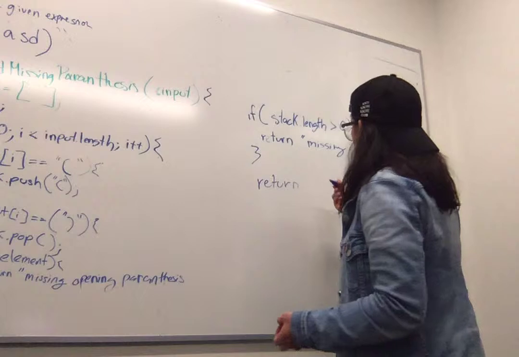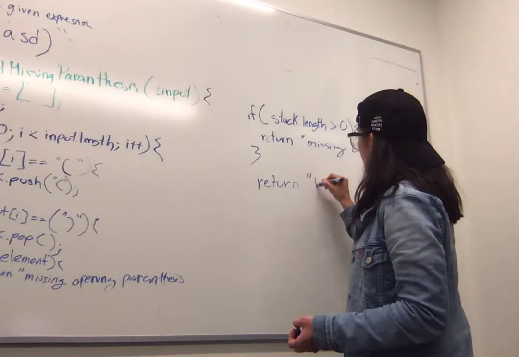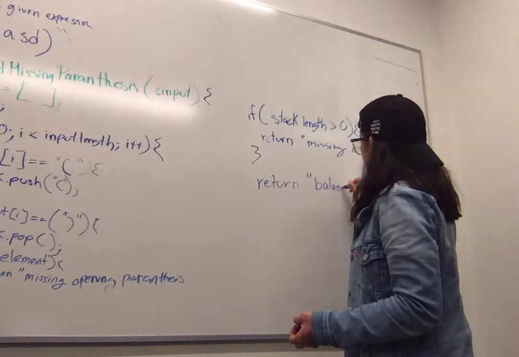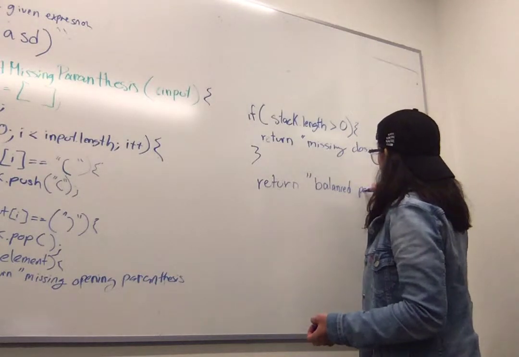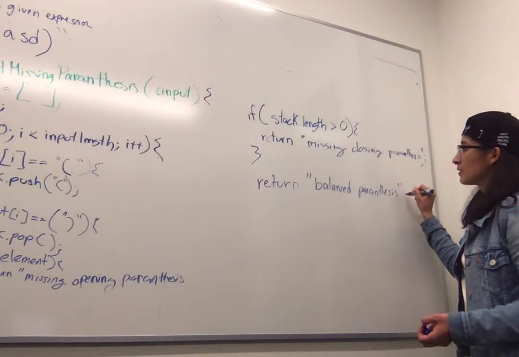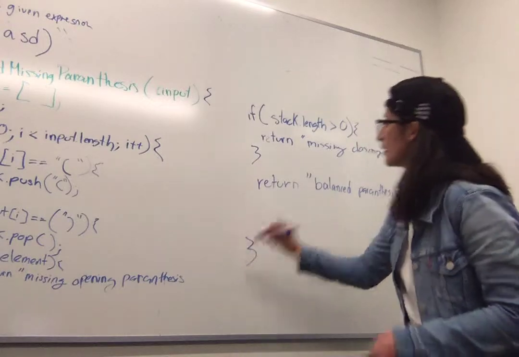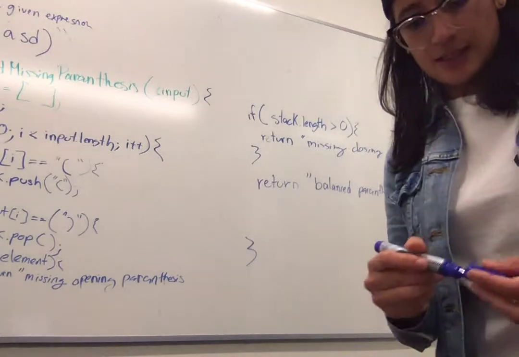So return "balanced parentheses", and then I'm just going to move that squiggly bracket to here, and that is it.